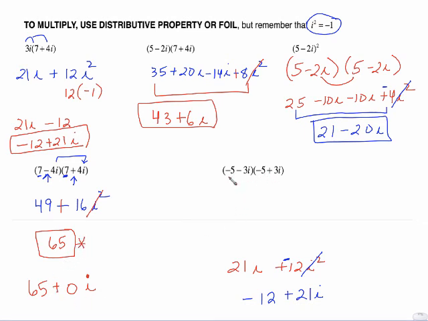Same thing here, negative 5 in the front, 3i in the back, minus, plus. I can just do negative 5 times negative 5 is positive 25. Negative 3i times positive 3i is negative 9i squared. Cross off the i squared, change the coefficient, and that gives me 34. Again, no i, but you could write it as 34 plus 0i if necessary.